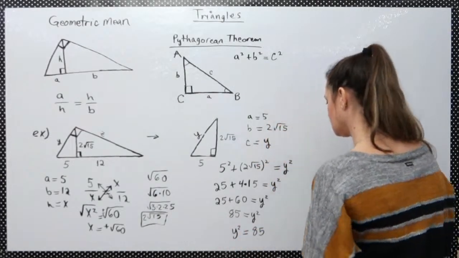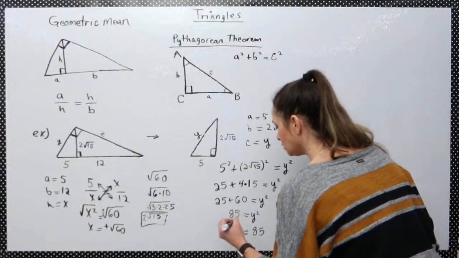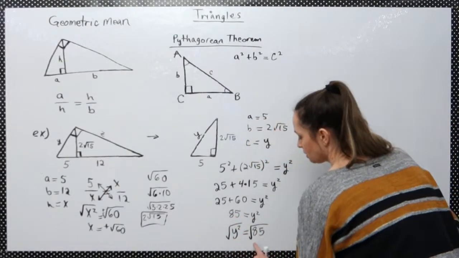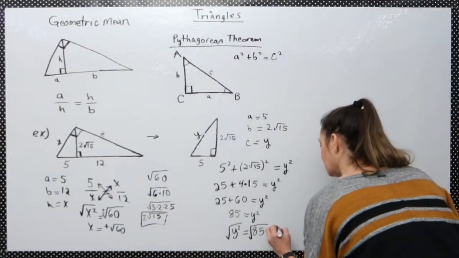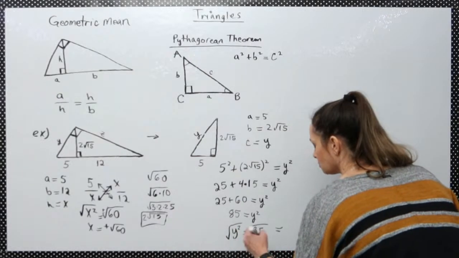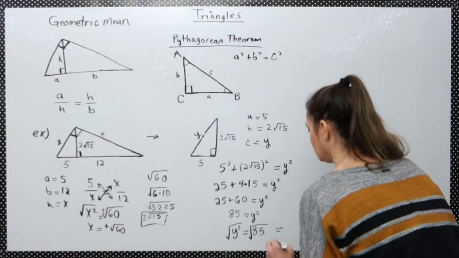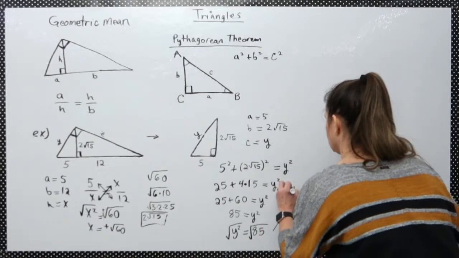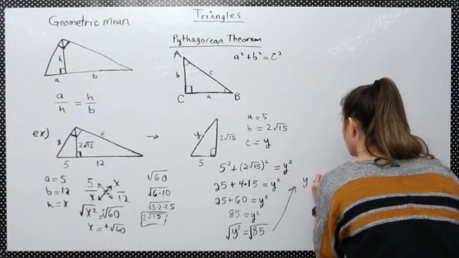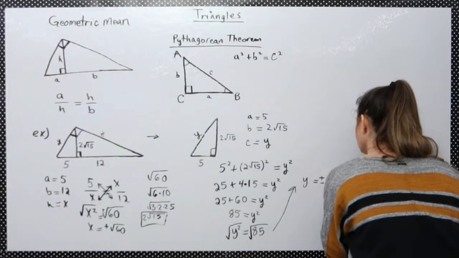And then again, to solve for that, you take the square root, doing that inverse operation to get whatever is inside there. When I take the square root of y squared, I just get y, and that's going to equal plus or minus the square root of 85.